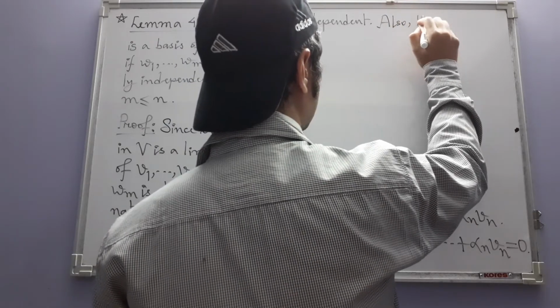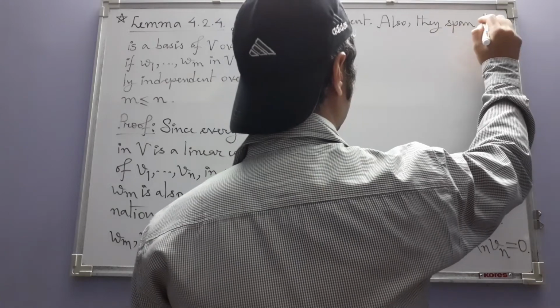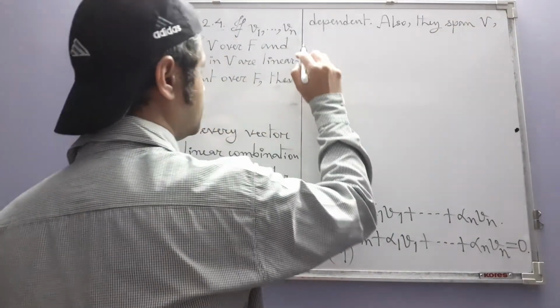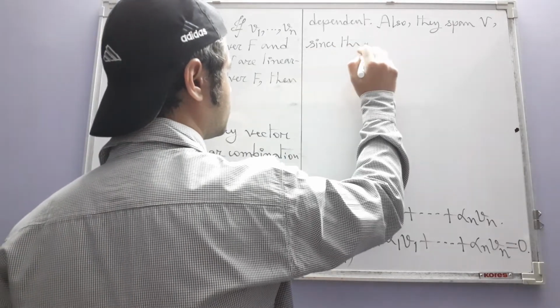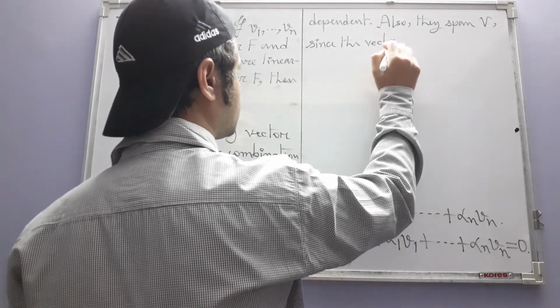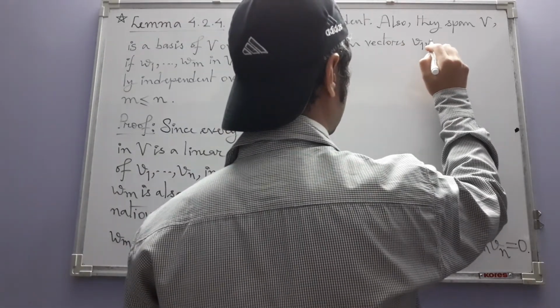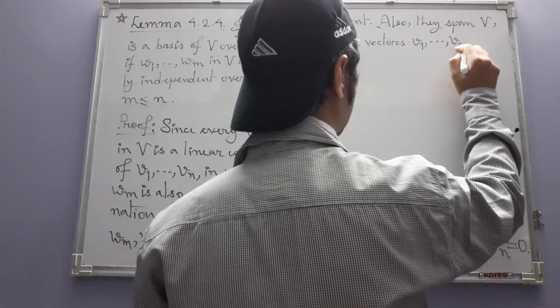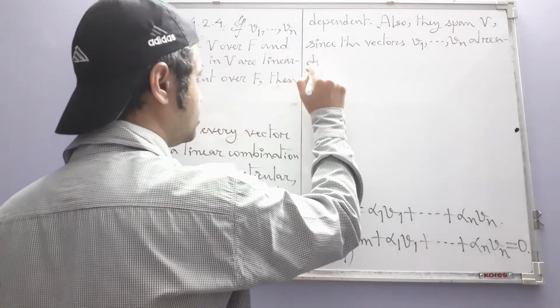Also, they span V, since the basis vectors already do so.